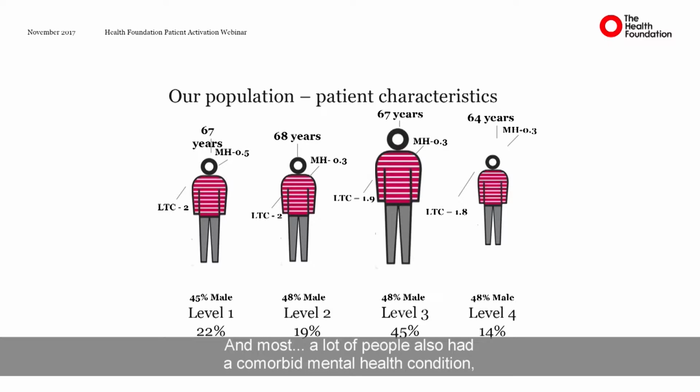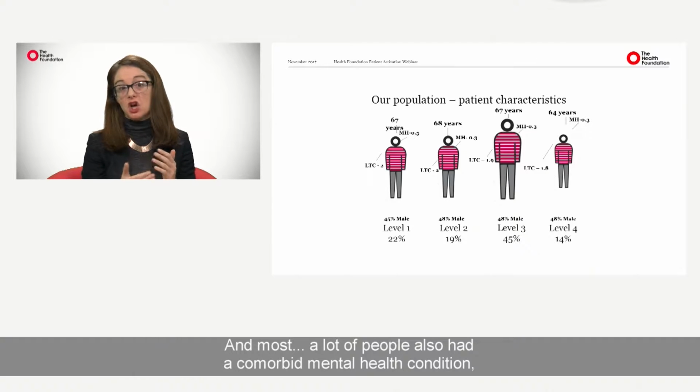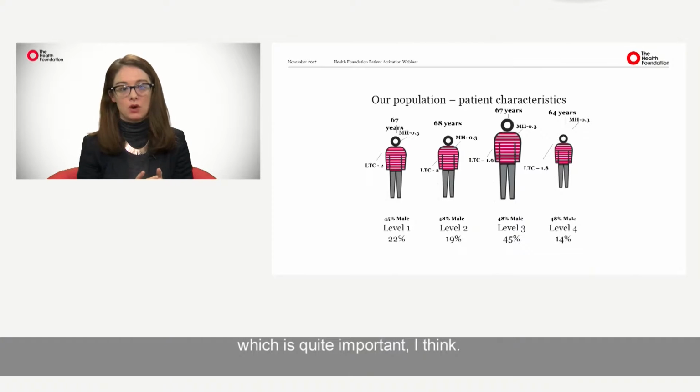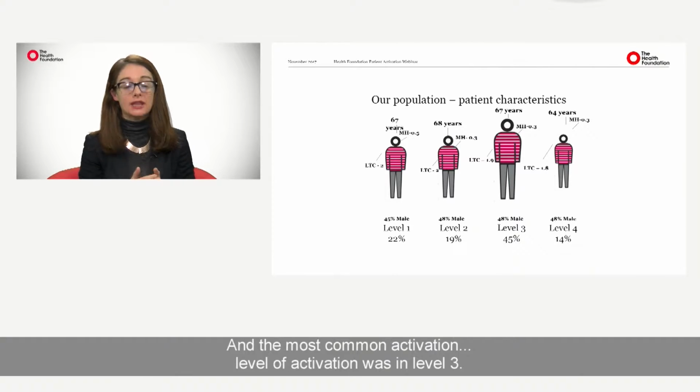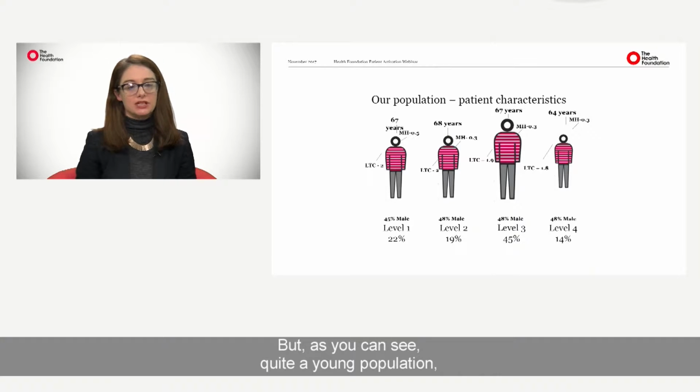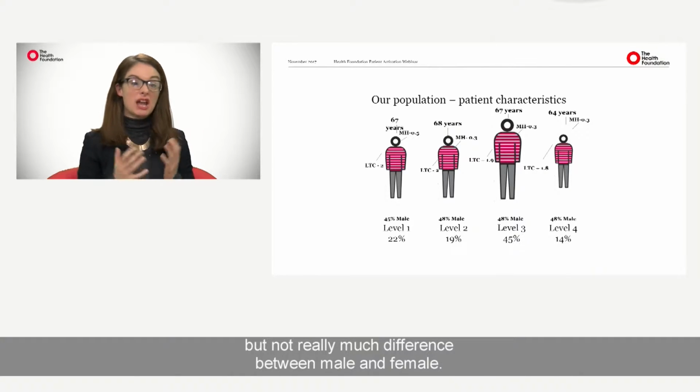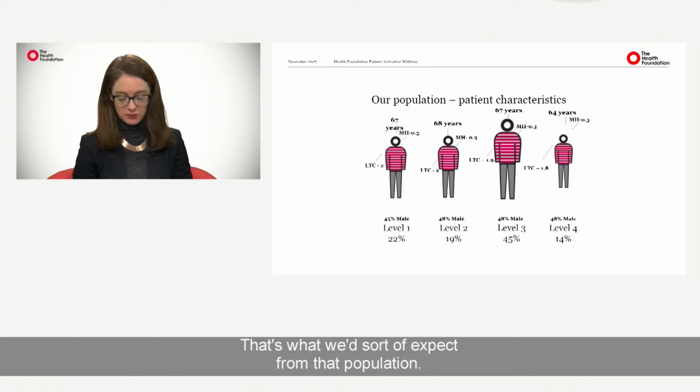A lot of people also had a comorbid mental health condition, which is quite important, I think. The most common level of activation was level 3. As you can see, it's quite a young population, but not much difference between male and female, which is what we'd expect from that population.